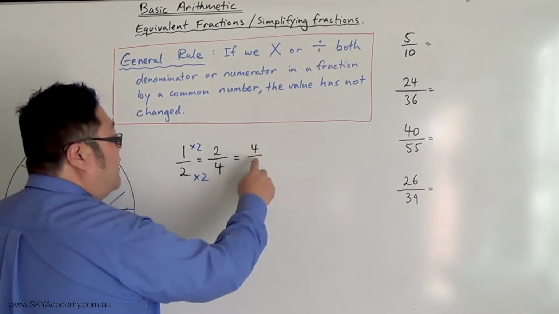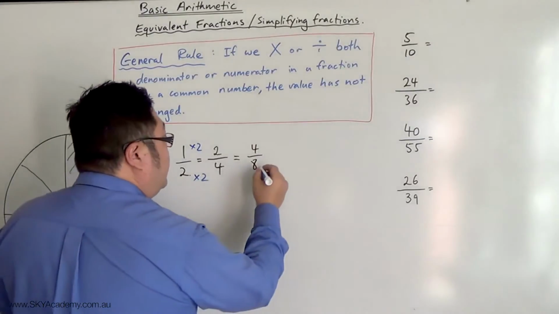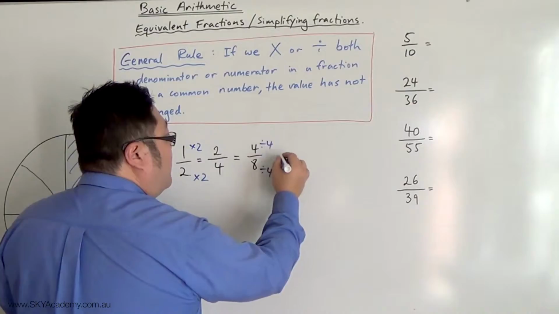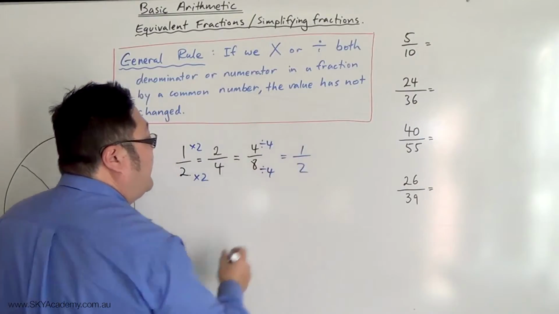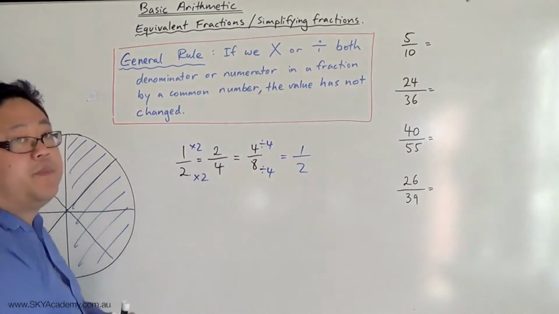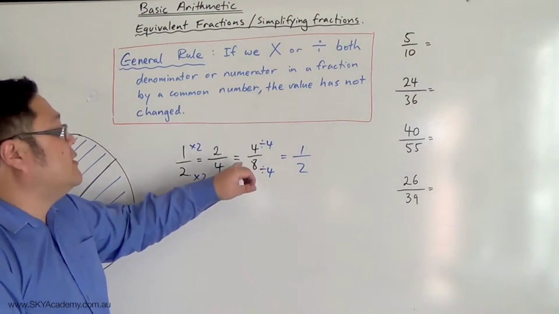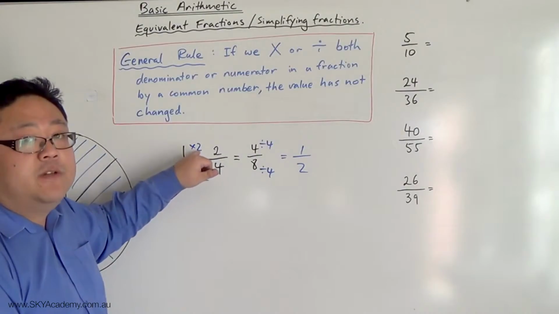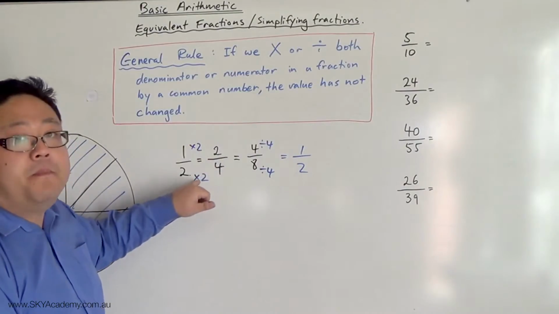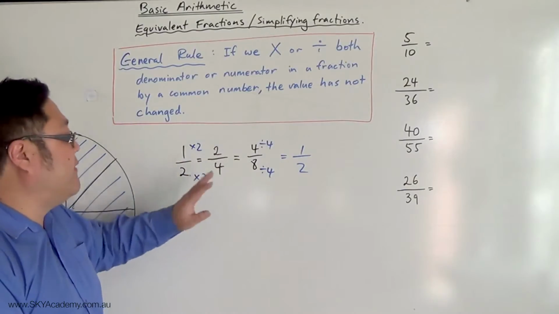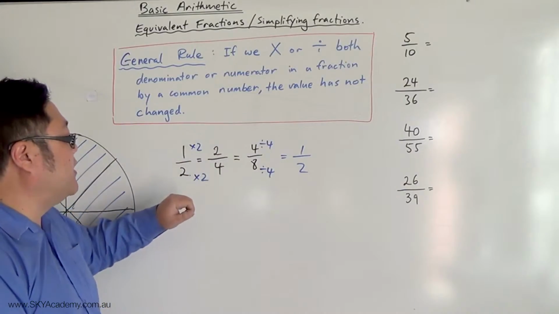What we do to 4/8 is we can divide this by 4, and we can divide this by 4, and our new fraction will be 1/2, and 1/2 will be the exact same value as 4/8. So whatever we do to the top, whether it's multiplication or division, we can do to the bottom, and we won't have changed the value of the fraction, okay?